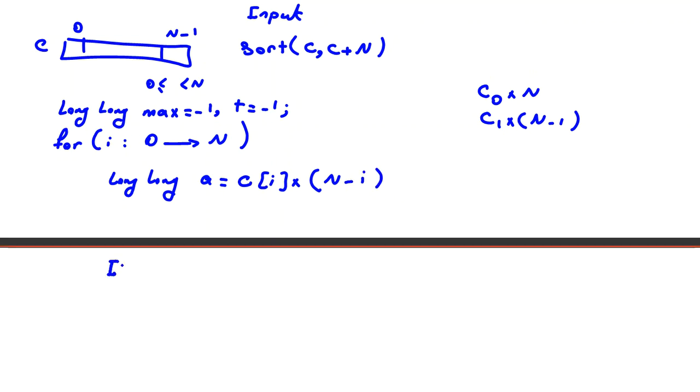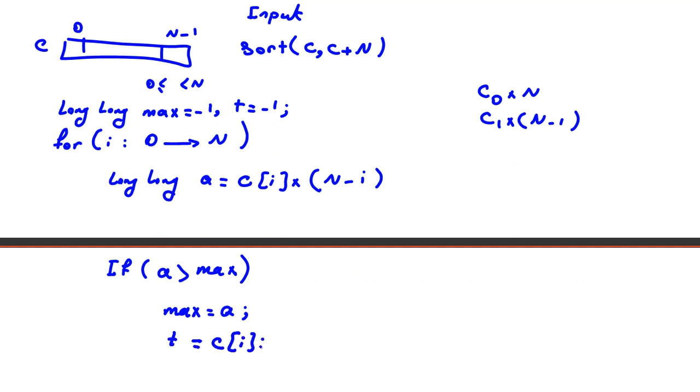Now you say if A is greater than max, this amount, then max is updated. So look, when they are equal, we won't update the maximum. Okay, so this causes us to find the smallest optimal solution. So the maximum is A, and our tuition is C[i].